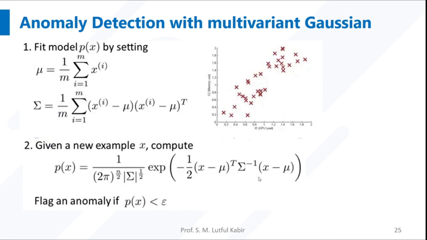Although this formula is a bit computationally expensive because there is an inverse of an n by n matrix that takes a long time to compute, otherwise this method is convenient for multivariate cases. So that's all for anomaly detection. Thank you.